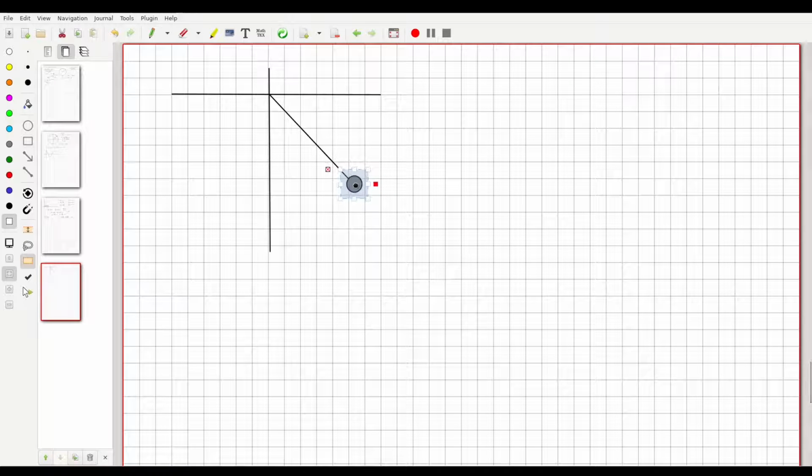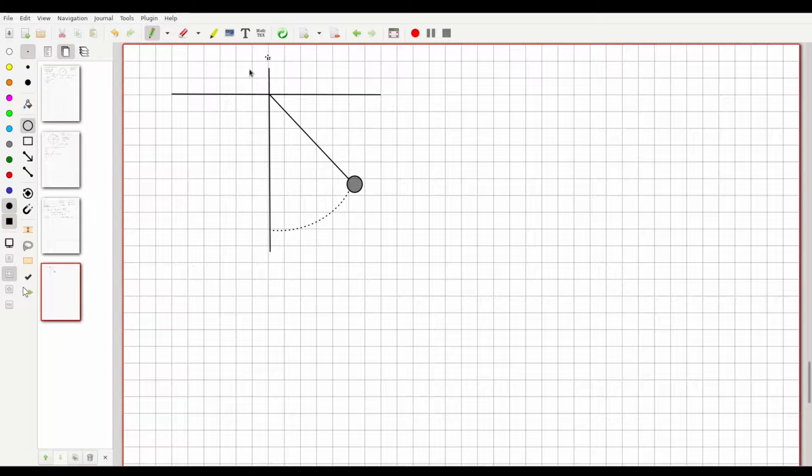And as this thing swings, it's going to trace along a path that looks a little bit like this. Not perfect, but you get what you get.